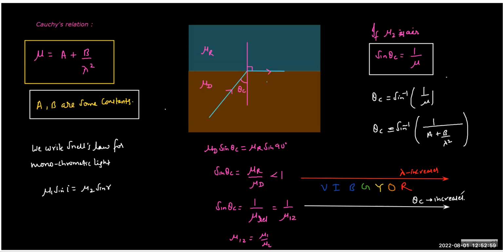Now imagine that we have an interface and there is a white light which is coming. Look at this question. Let's say this is the white light.